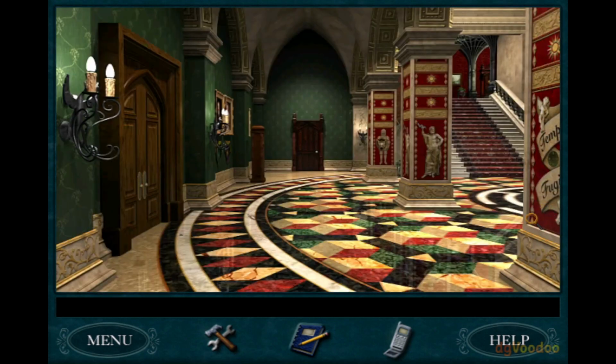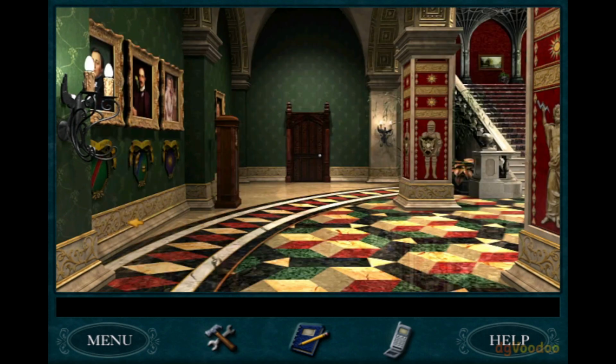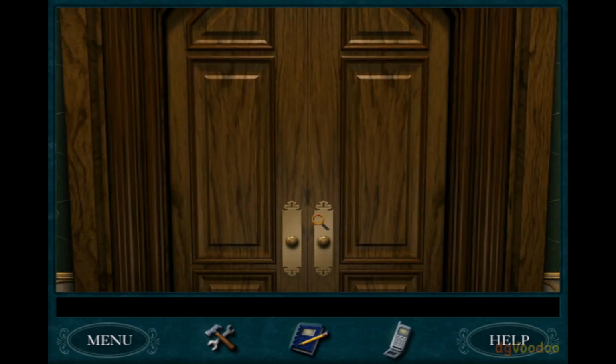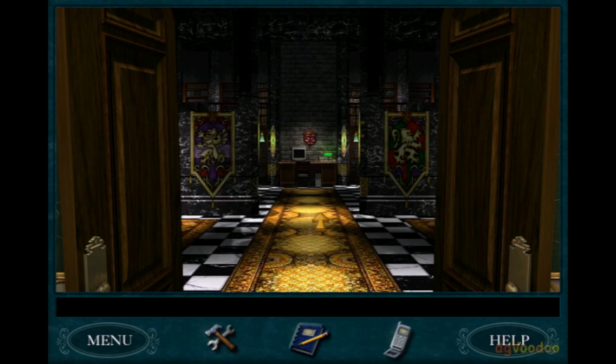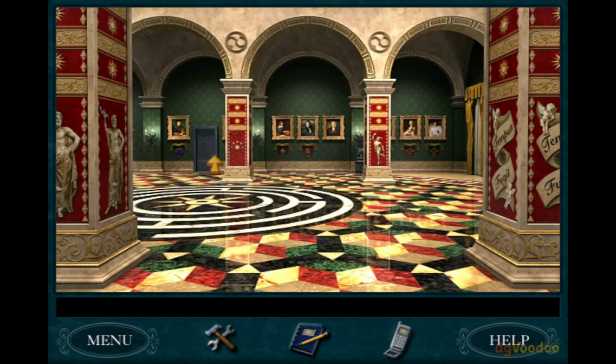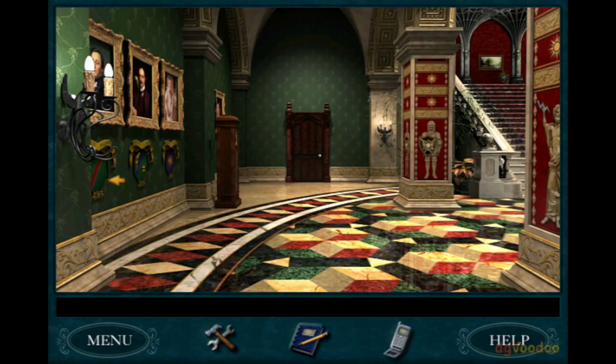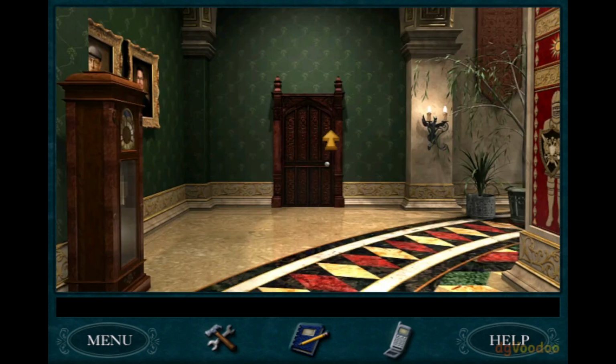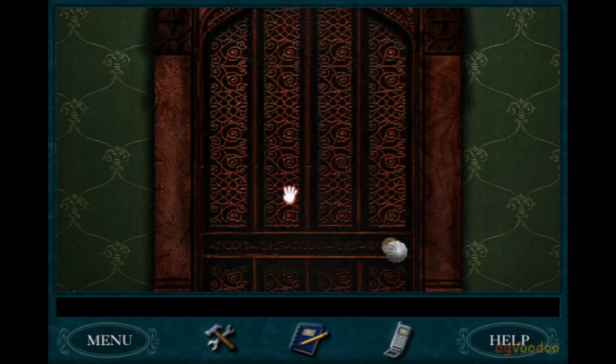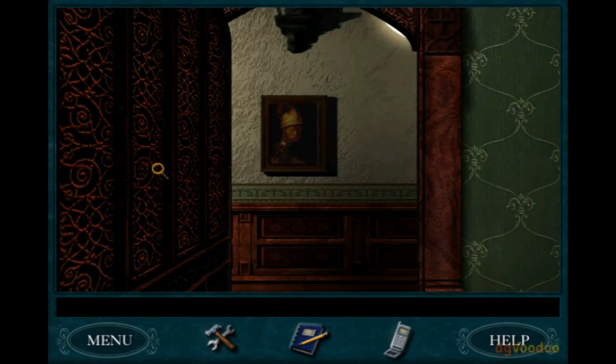For now, as I said, I do want to see what's behind these doors. There's something here. I kind of need to end the episode as well. That's probably another door to the corridor that we went to. Yes, I think it is.